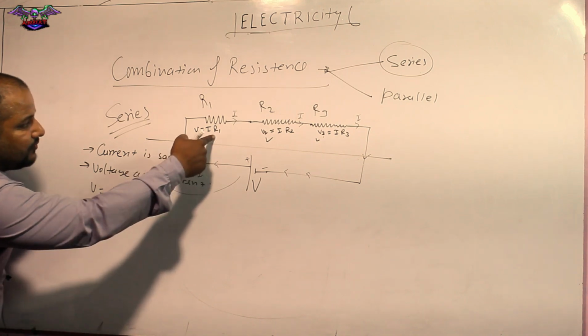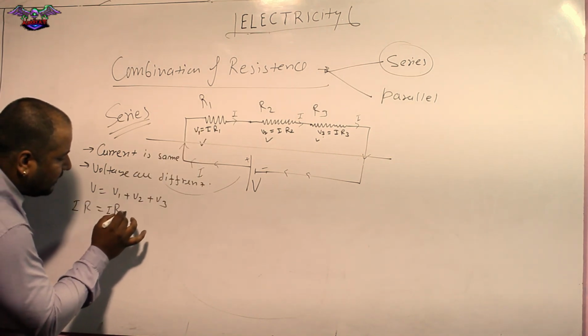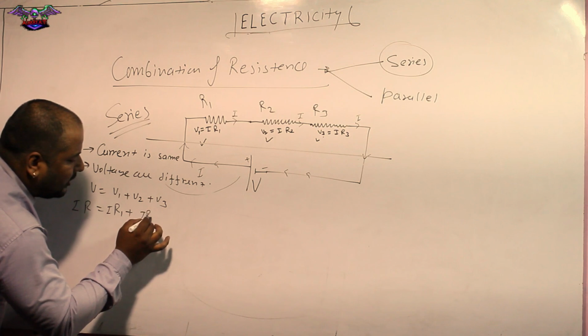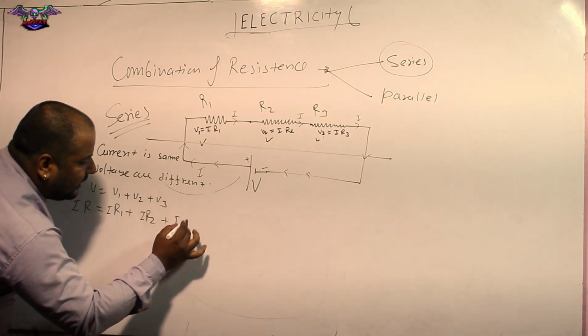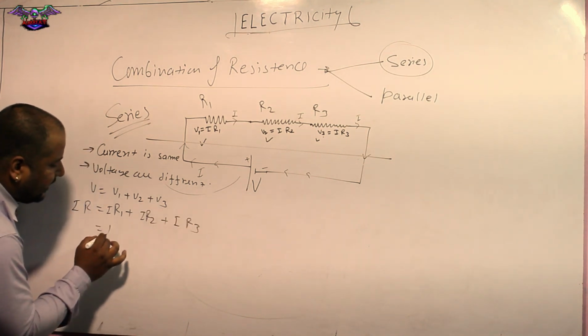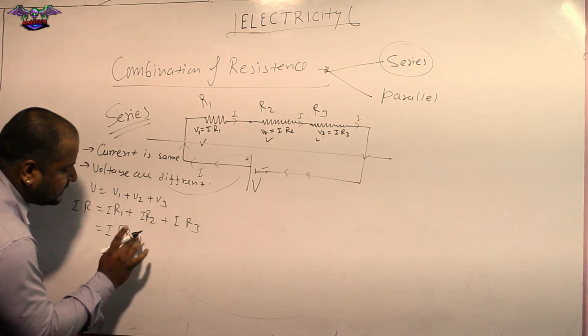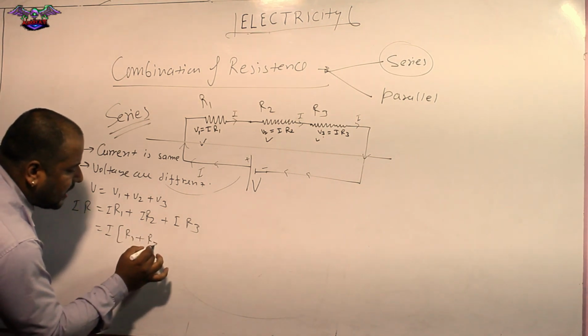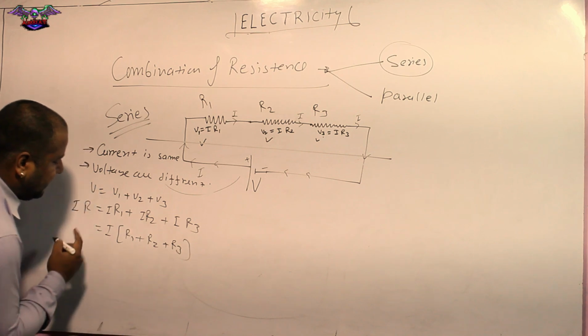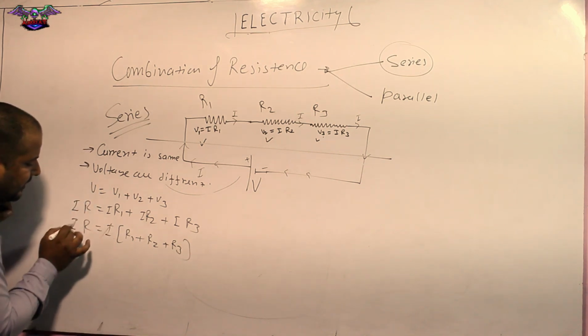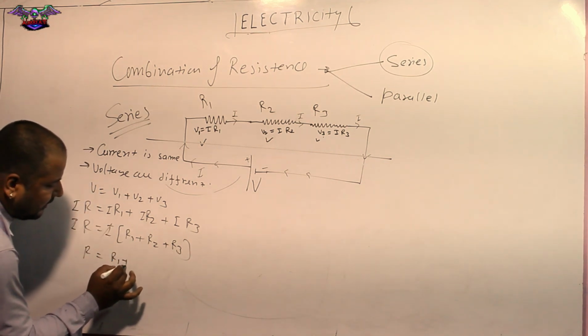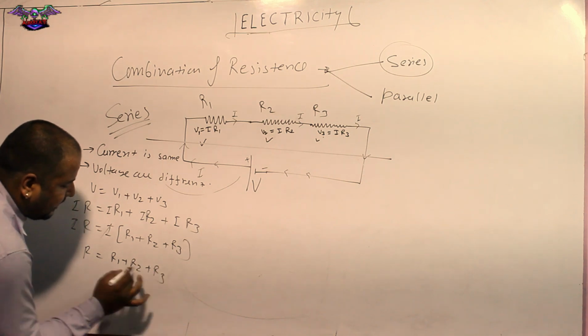So V1 is IR1, plus V2 is IR2, plus V3 is IR3. Take I common: I times R1 plus R2 plus R3. Now I will cancel, so R equal to R1 plus R2 plus R3.